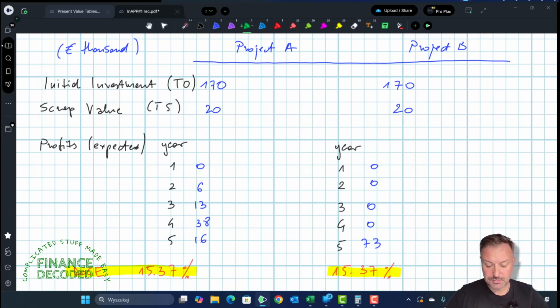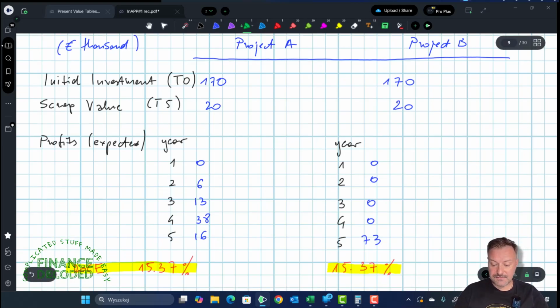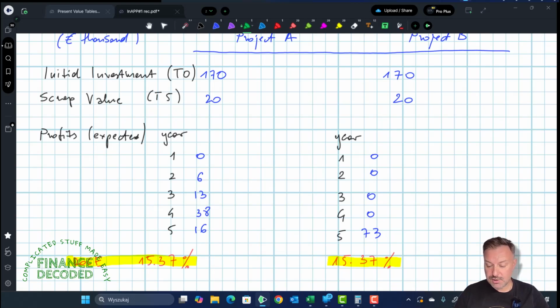Okay, we can compare this project with another investment, which has the same initial investment, also 170, and the same scrap value also after 5 years. Okay, so the lifespan of the project is identical, but the numbers relating to the expected returns measured as profits are completely different. In this case, they amount to 0, 0, 0, and 0 in years from 1 to 4, and there is 73 in year 5.